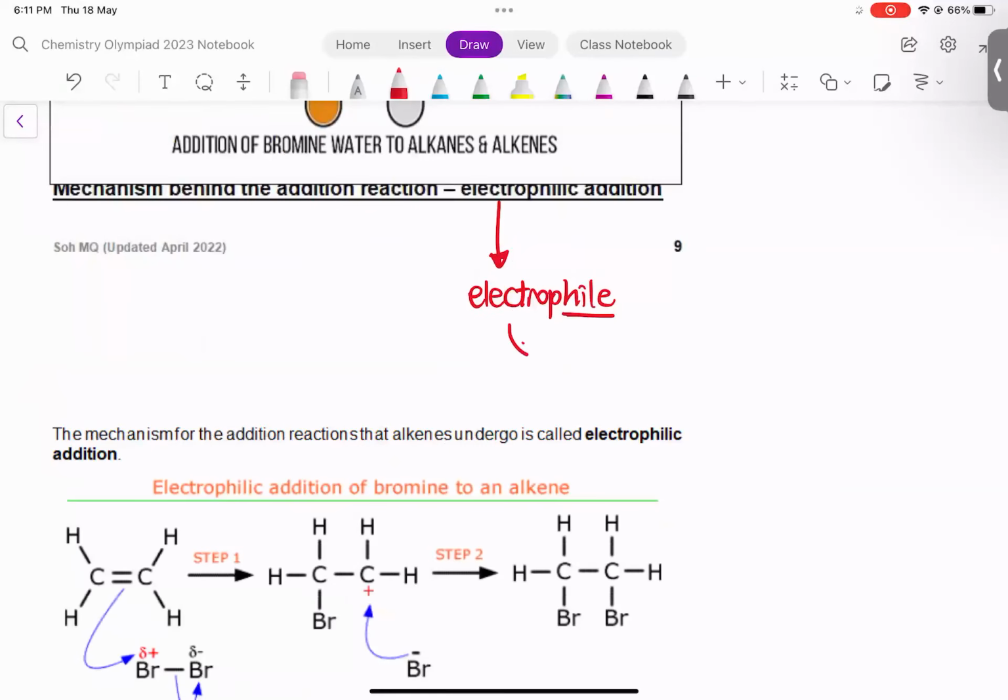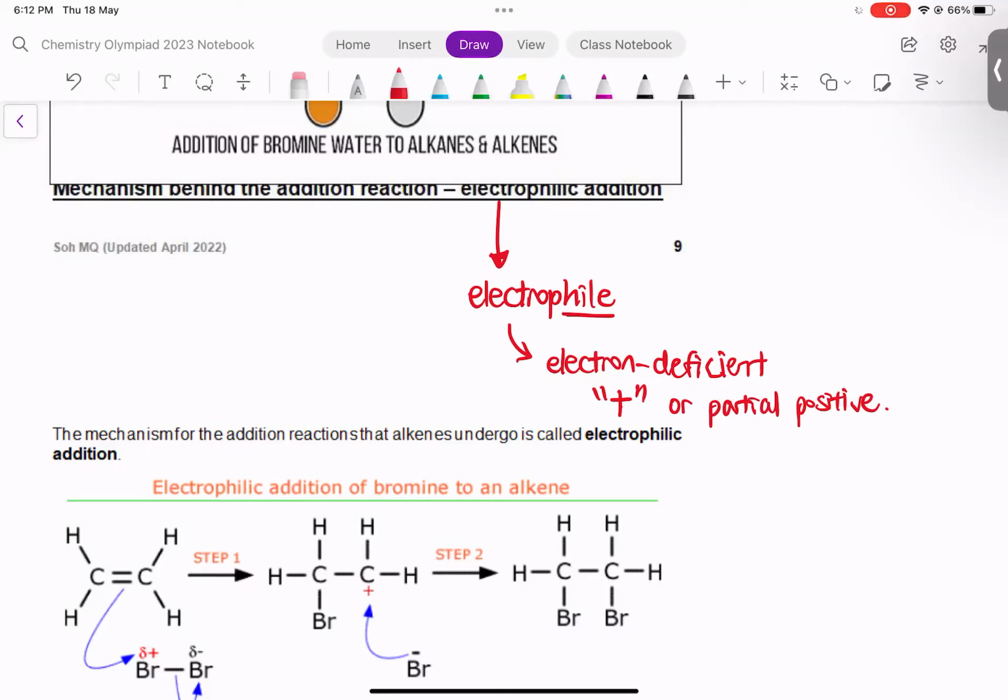Remember, electrophile means something that is electron deficient. What is electron deficient? Something that is positive or partial positive will be considered electron deficient. If it's partial positive, it's electron deficient, it wants electrons.